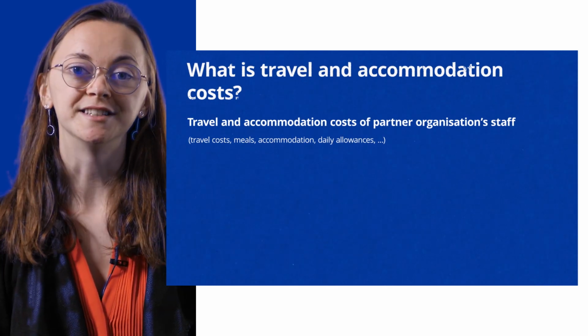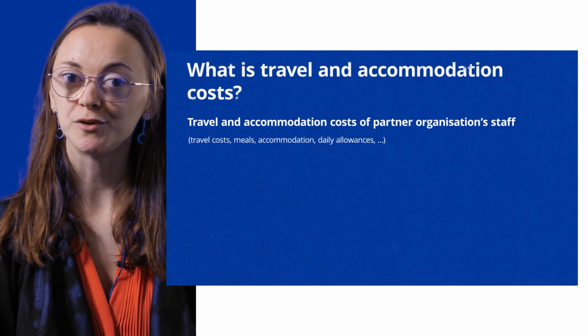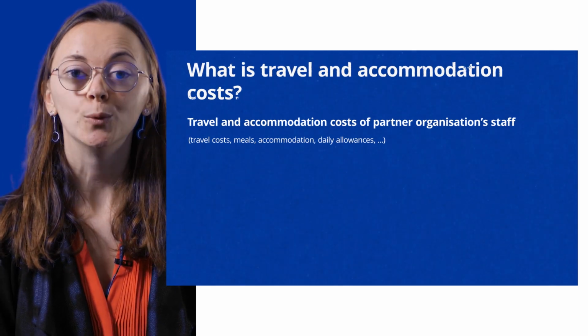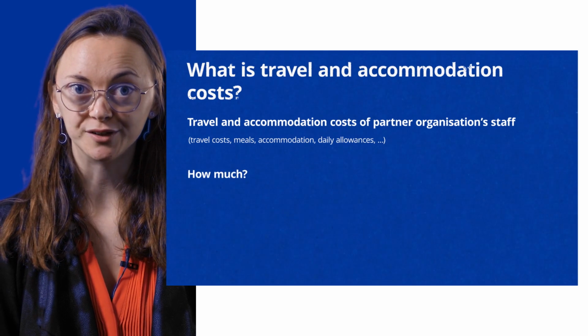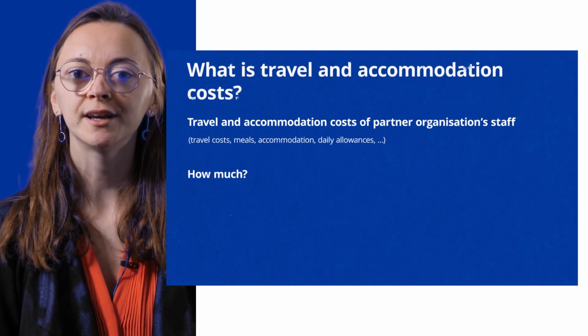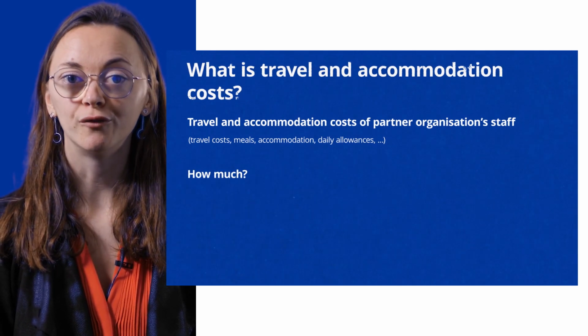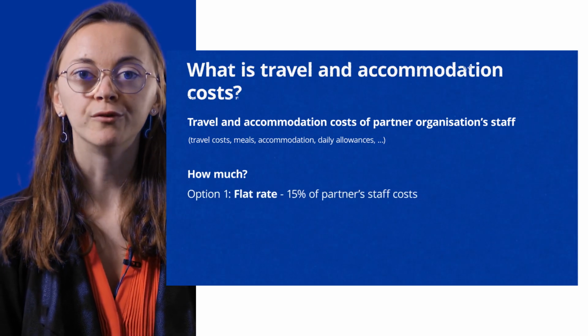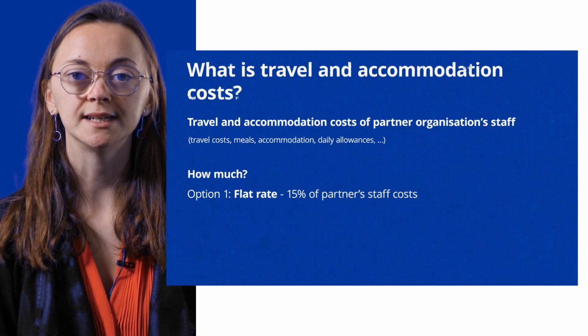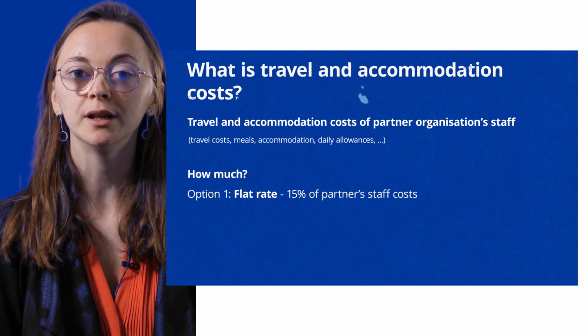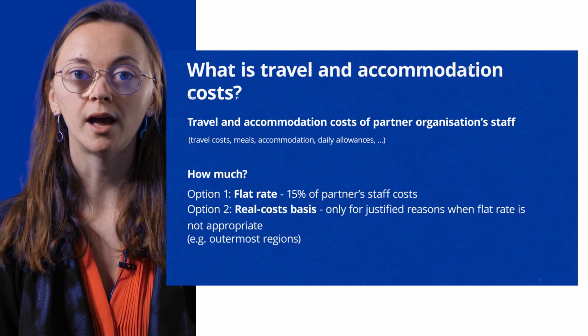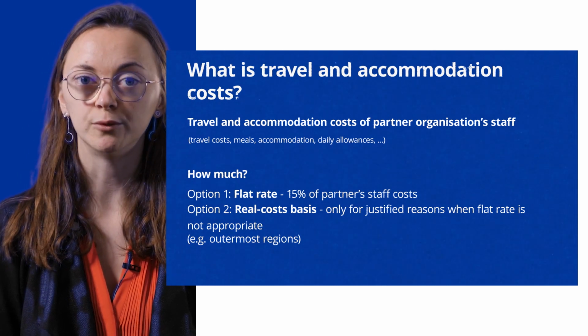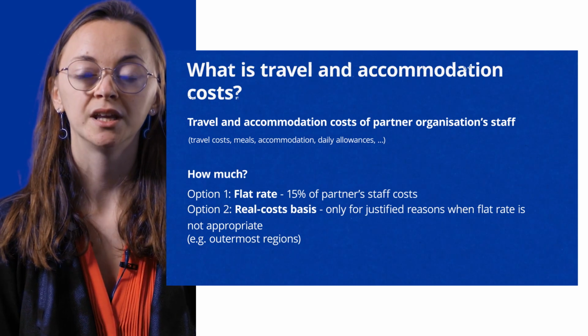As you might have noticed, there is a change for the travel and accommodation cost in comparison with the previous programming period. So indeed, now travel and accommodation costs can be covered by a 15% flat rate of staff cost. However, some partners can also decide in the application form to choose the real cost basis, but they will have to provide duly justified reasons and explanation.